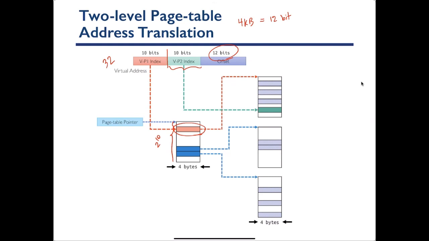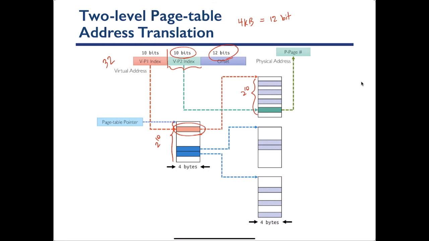How many entries do we have here? 2^10, because I have 10 bits left, so I can address 2^10 entries. Then I use virtual page index 2 to find the entry in the second level page table, and that gives me the physical page number.